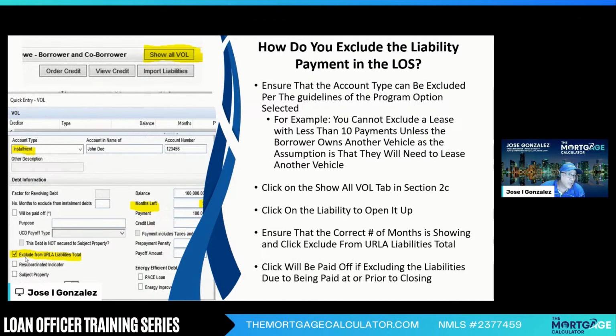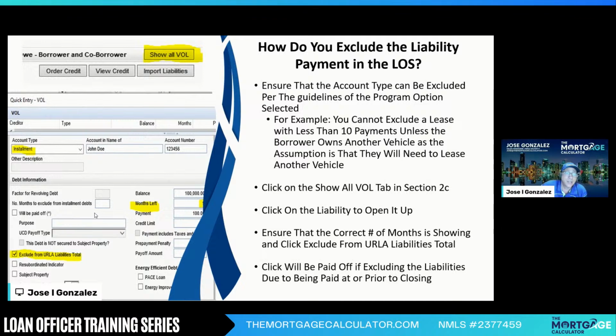So we're going to click right here where it says exclude from liabilities total. Once you do that, you'll see the DTI drop on your file. You go to your file summary screen, wherever you go on your LOS to look at the DTI, and you'll see it drop.